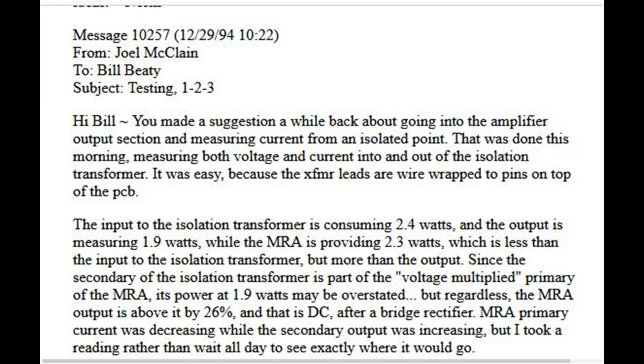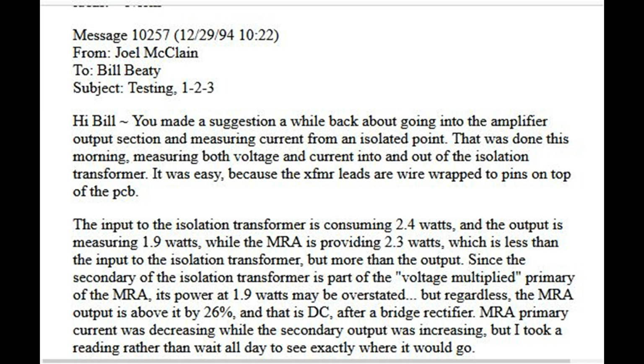It was easy, because the XFMR leads are wire wrapped to pins on top of the PCB. The input to the isolation transformer is consuming 2.4 watts, and the output is measuring 1.9 watts, while the MRA is providing 2.3 watts, which is less than the input to the isolation transformer, but more than the output.